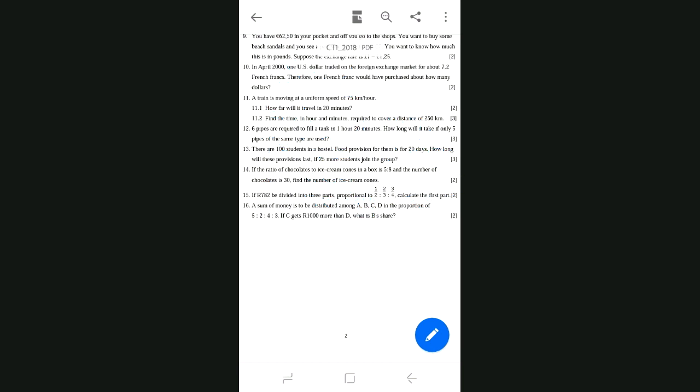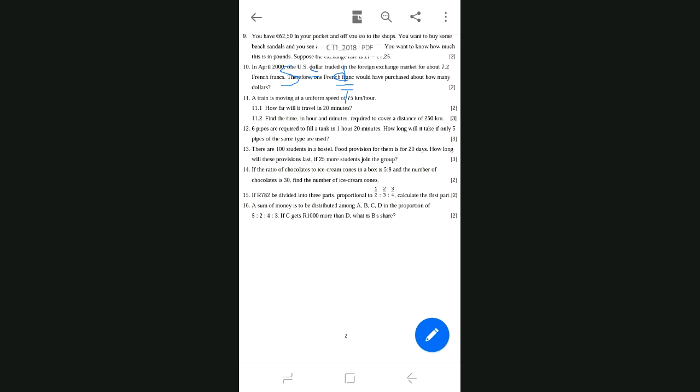So we know that speed is distance over time. Good.